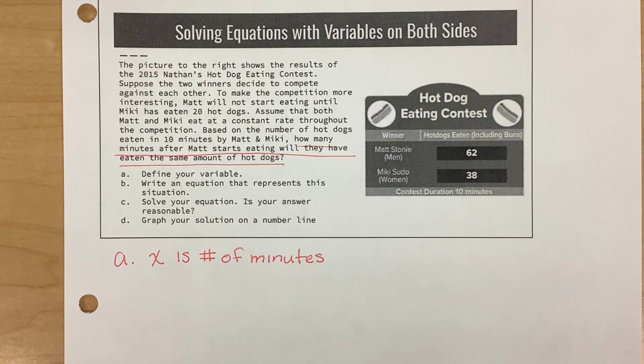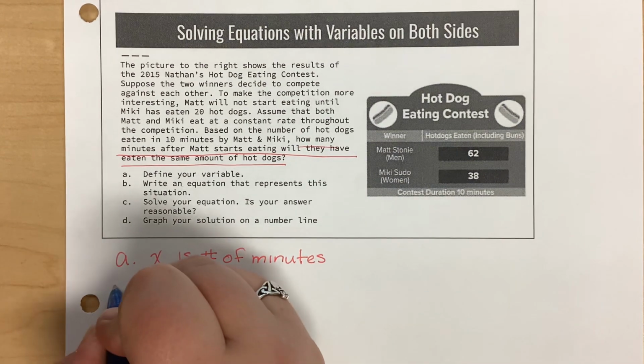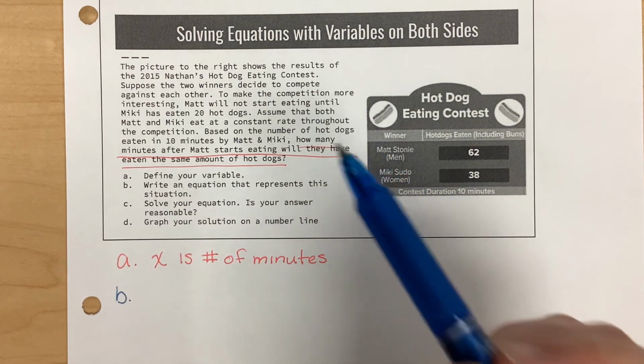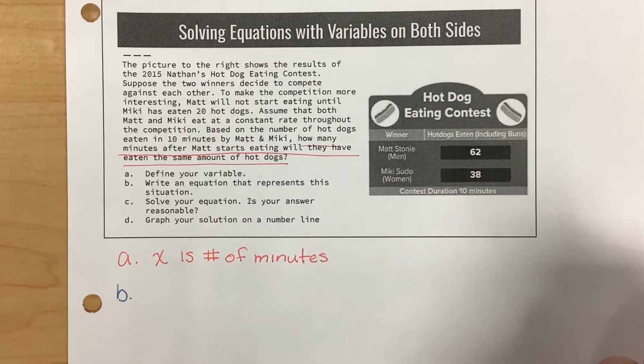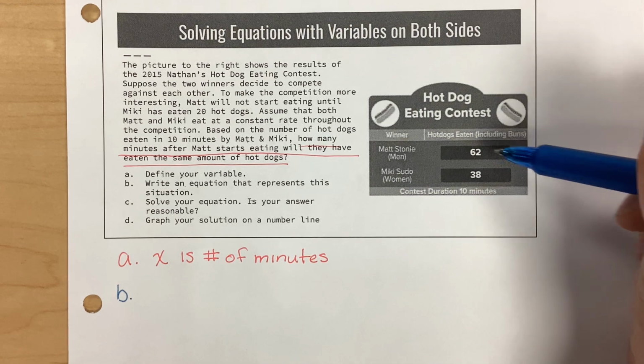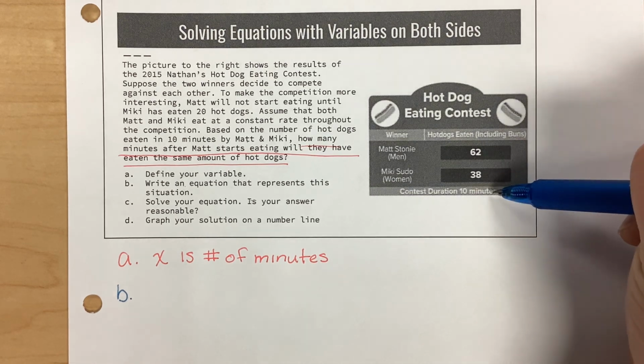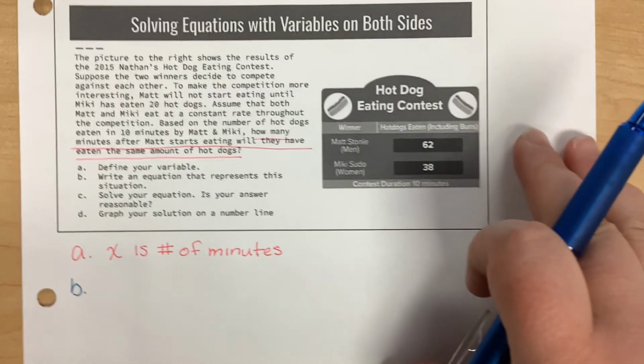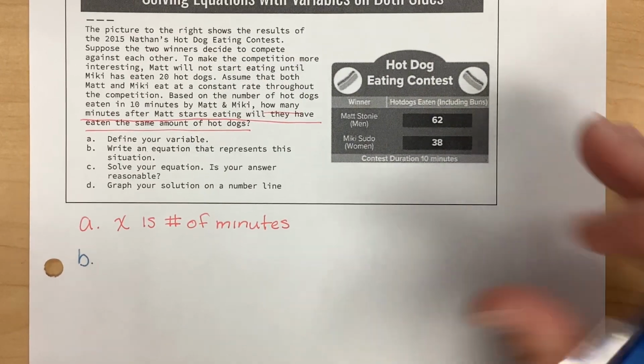All right, now here comes the tricky part, writing the equation. So we're dealing with both Matt and Mickey. So let's start with Matt here. We know that Matt has eaten 62 hot dogs in 10 minutes. In order to find out his rate of change, we need to find the unit rate here.